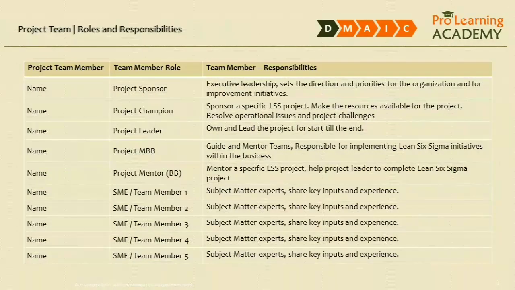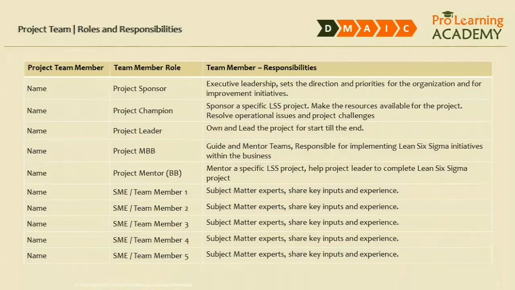The next slide, the project team roles and responsibilities. We were talking about sponsor's name, champion's name, and the project leader, project MBB name. So these team members, the project team members, their roles and their responsibilities will be listed in this slide. The project sponsor is from the executive leadership.